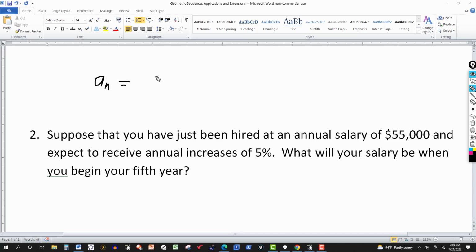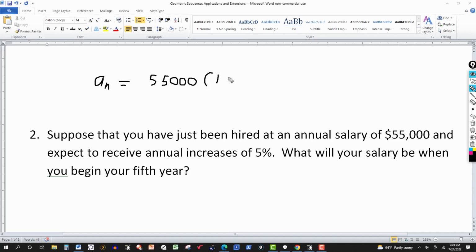Let's say we have 55,000, that's just in dollars. So obviously for the next year, you're going to have the same salary plus the increase. So the best way to do this is 55,000 times 1 is 55,000, plus the percent, 5%.